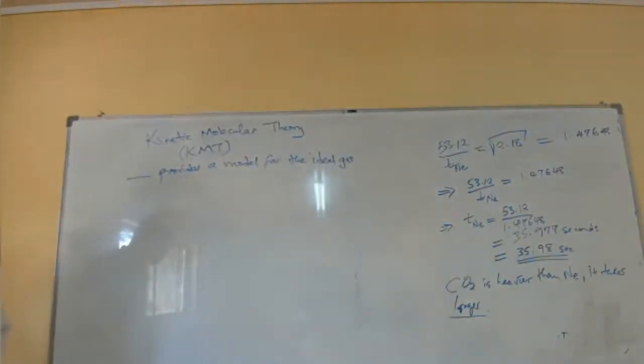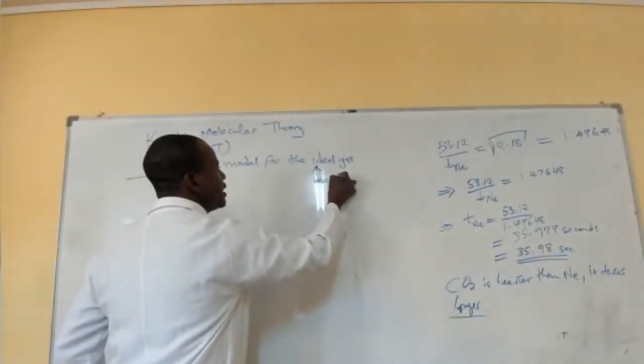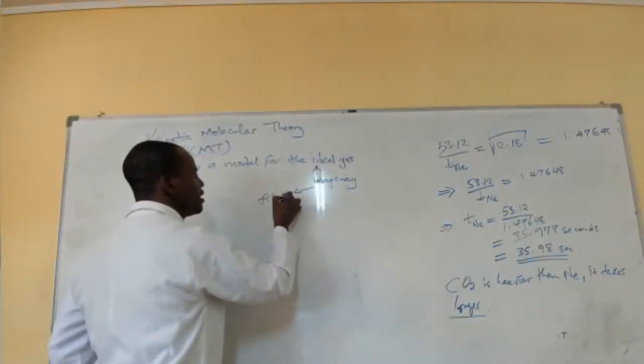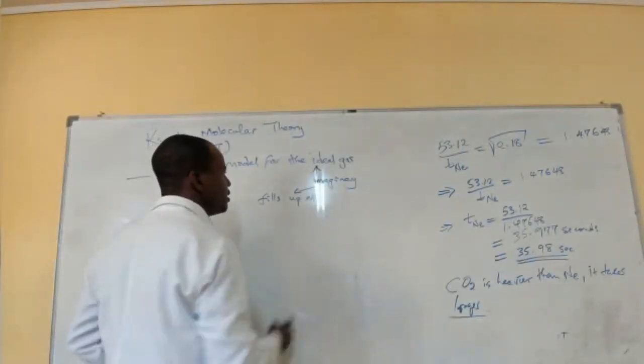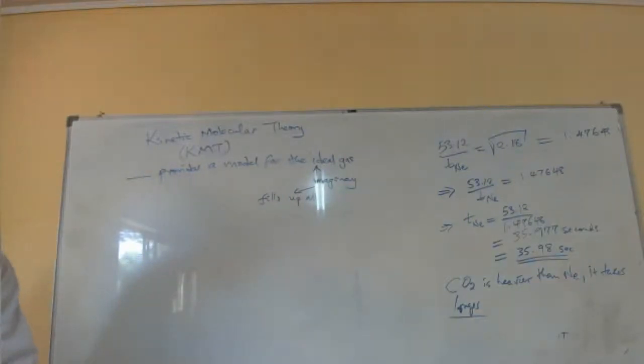An ideal gas is an imaginary gas that perfectly fulfills all assumptions of the kinetic molecular theory. So this ideal gas is an imaginary gas, and it fulfills all the assumptions that are postulated under the kinetic molecular theory.